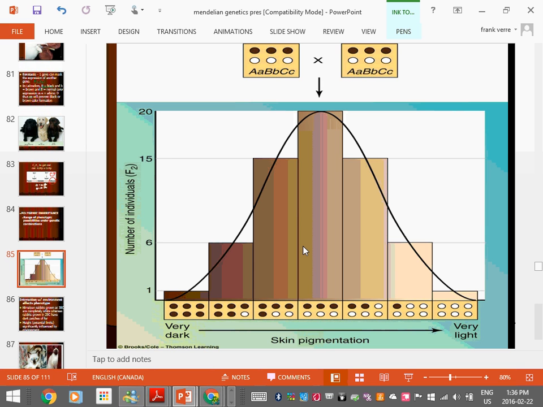So things like height, weight, intelligence, skin color, these are determined by many genes, and there is a range of distribution, and it typically follows this bell-shaped pattern, but not always. We'll talk about when the bell-shaped pattern can be shifted when we get to the unit of evolution. Okay? So we can't always assume that a characteristic is only determined by one gene. Sometimes it's determined by many genes.